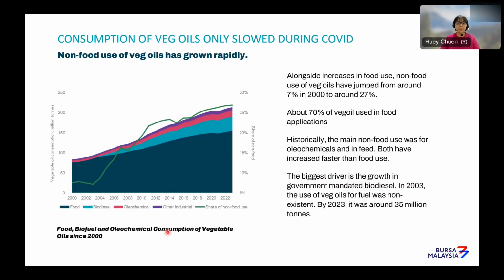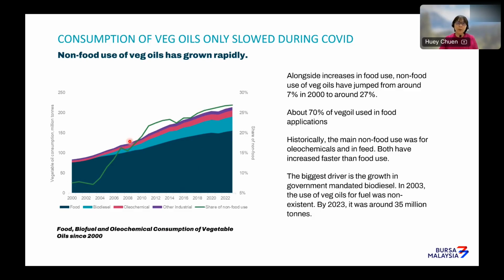As I mentioned, biodiesel is the biggest growth in terms of consumption. If you look at the breakdown, palm oil is used in food, biodiesel, oleochemical, and other industrial use. The share of non-food has gone up from around 7% in the year 2000 to close to 27% now.